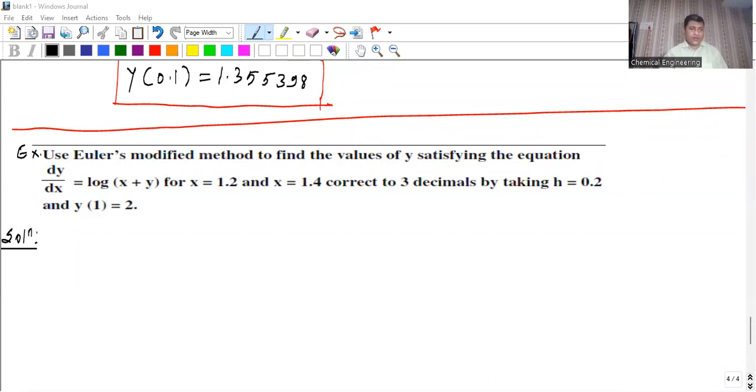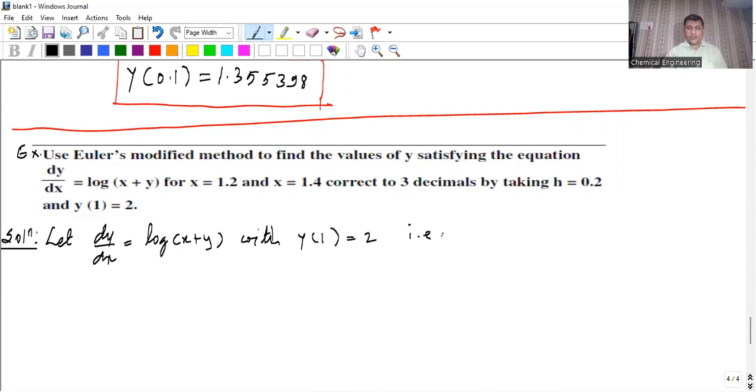So now let us write what is given. Let dy by dx is equal to log of x plus y, and here we are going to use base 10, with the given condition y at 1 is equal to 2. So that is what we know: x0 is 1 and y0 is going to be 2.